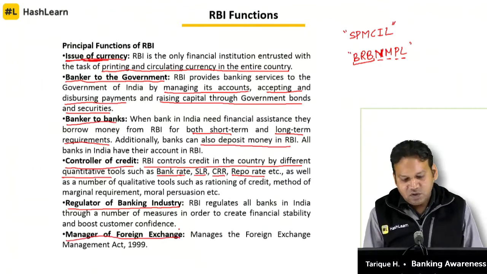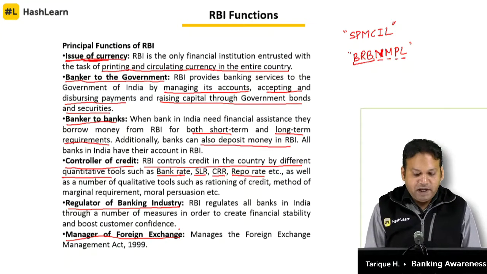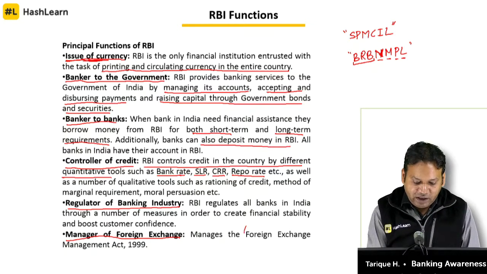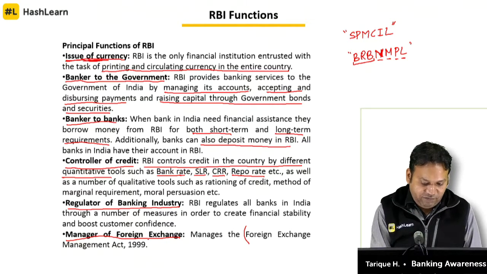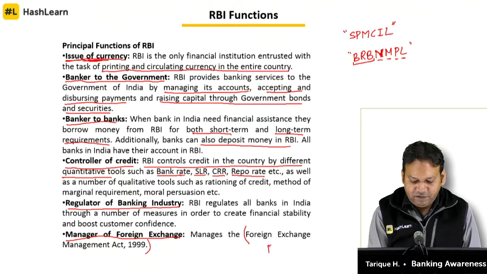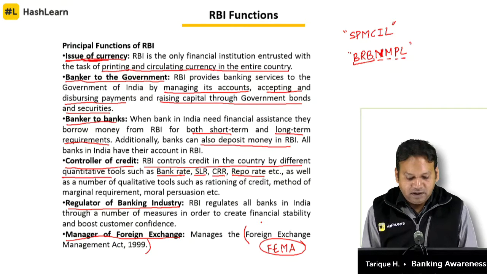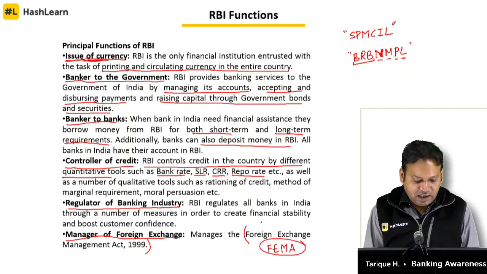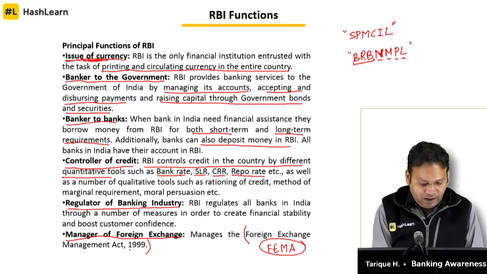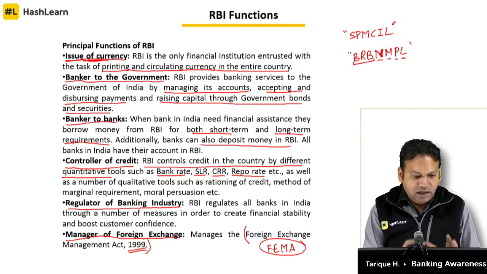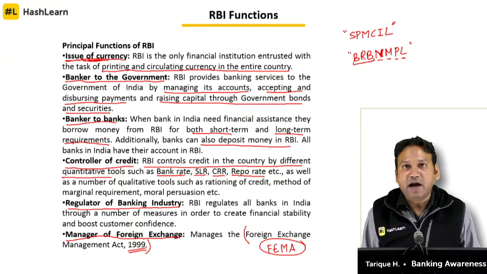This is also one of the roles of RBI, it manages the foreign exchange through the Foreign Exchange Management Act, FEMA. This act comes as an abbreviation question in your examination. What is the full form of FEMA? The answer is Foreign Exchange Management Act. It was passed in which year? In 1999.